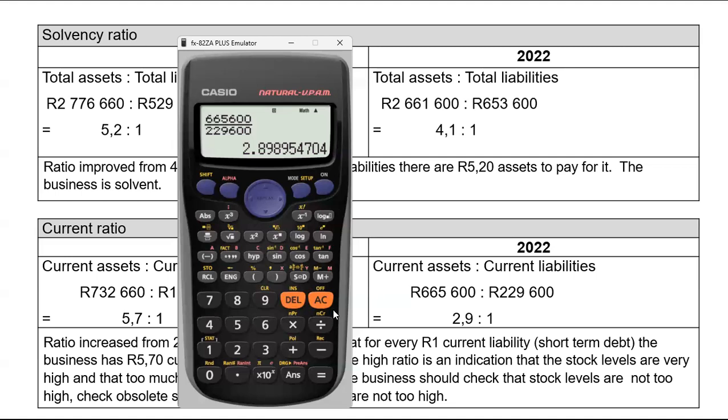All right. So I need to specify that even though I wrote in the comments that it might be due to stock, it's not only due to stock. It might be because the business cannot collect its debts, or because the business has a lot of money in the bank that it's not using.